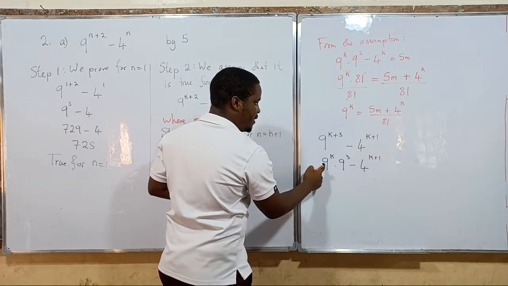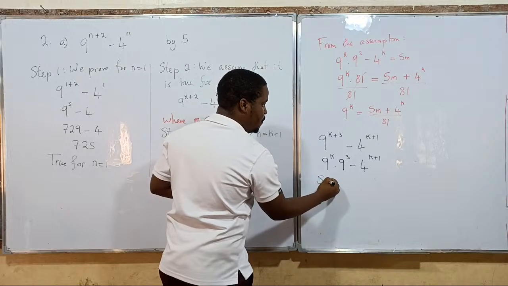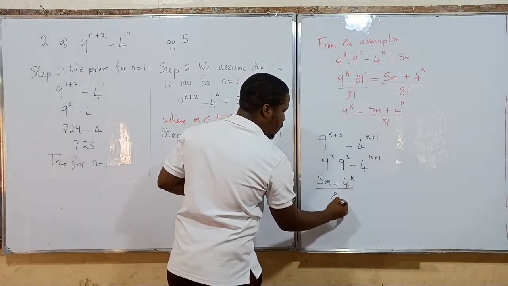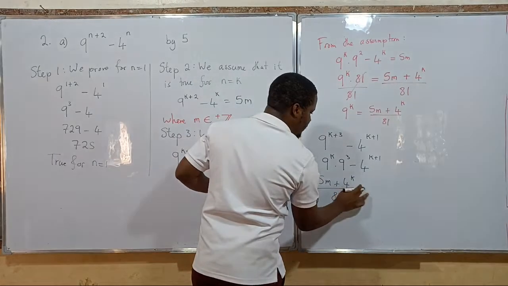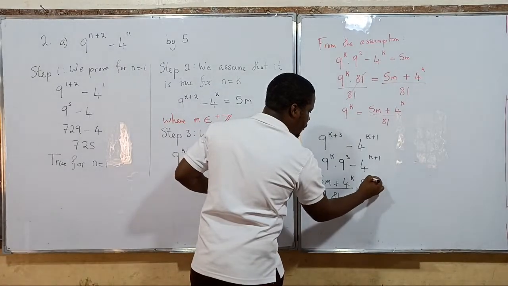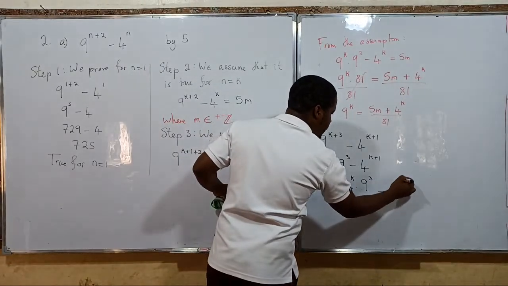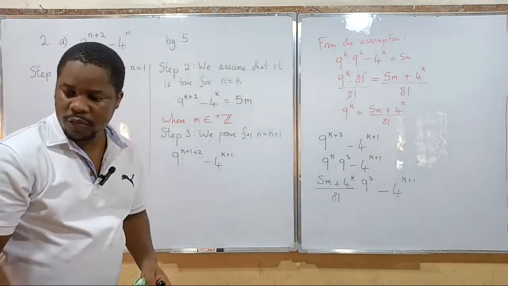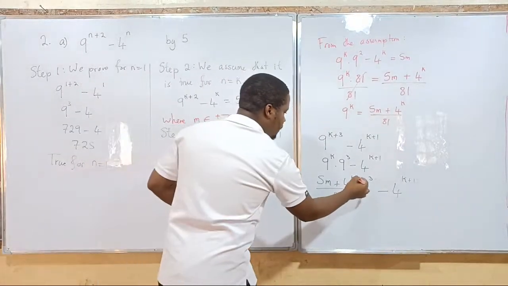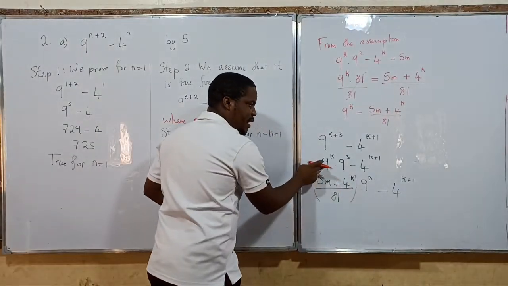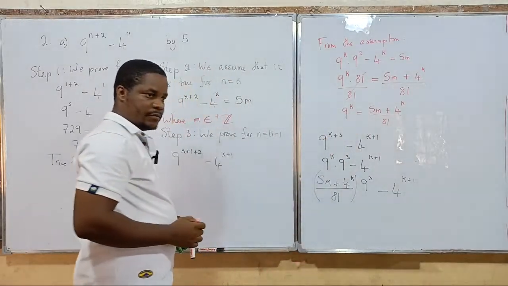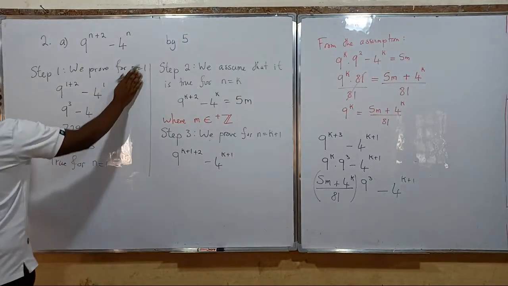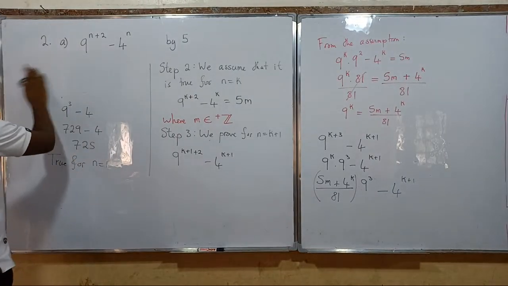So where there's 9 to the k, what do we put? 5m plus 4 to the k divided by 81, times 9 to the power 3 minus 4 to the power k plus 1. So this guy that you see here has just replaced 9 to the k from the assumption. It's not even confusing. You guys are just tired and hungry.